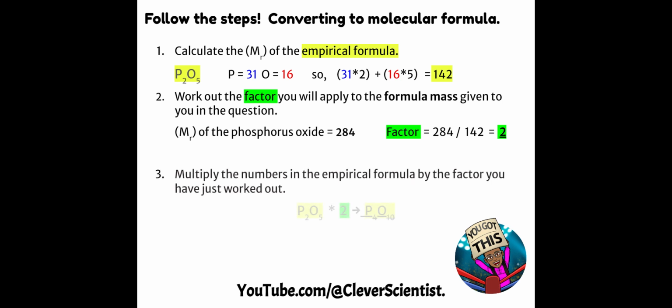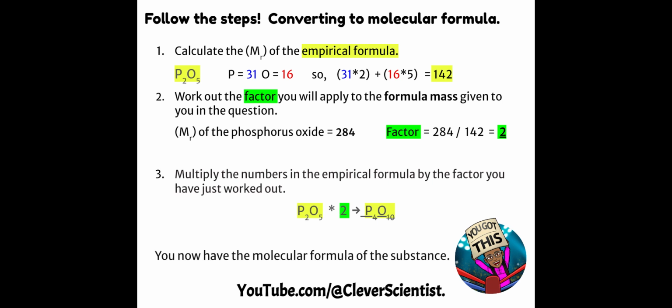So you just divide by 142, and that gives us a factor of 2. So now all we do is multiply the empirical formula numbers by the factor 2 that we've just worked out. So now we've worked out the formula of this phosphorus oxide is P4O10.